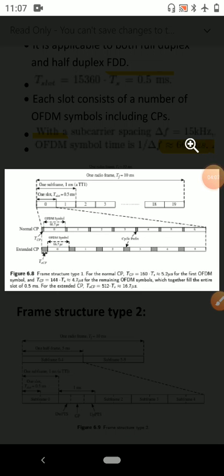For FDD, uplink and downlink transmissions are separated in the frequency domain, each with 10 subframes. In half duplex FDD operation, the user equipment cannot transmit and receive at the same time, while there are no such restrictions in full duplex FDD.